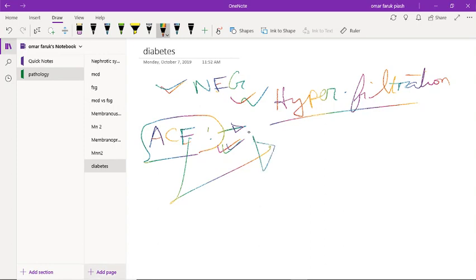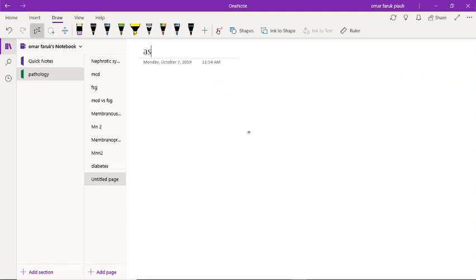Next, last but not the least, systemic amyloidosis.